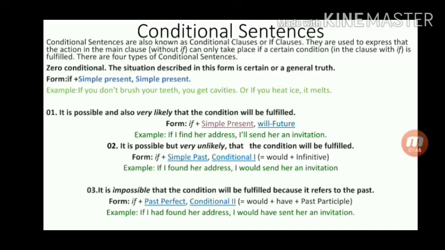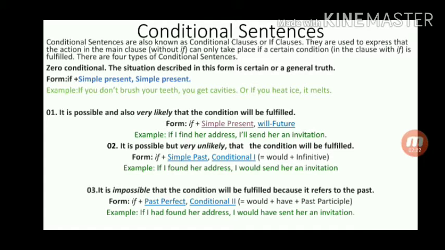The order of the clauses does not change the meaning. If you change the order of the clauses, if you put the if clause at the beginning or vice versa, it doesn't matter, the meaning remains the same. Conditional sentences are also known as conditional clauses or if clauses.